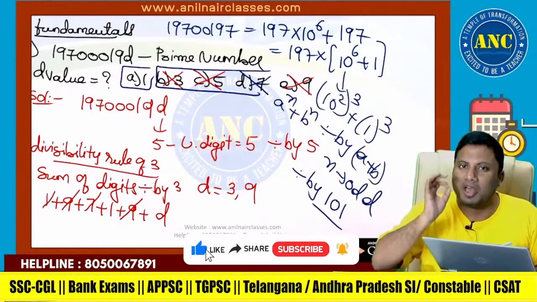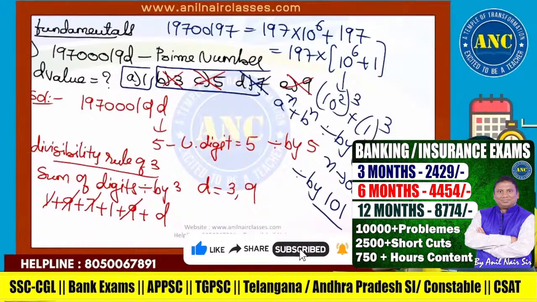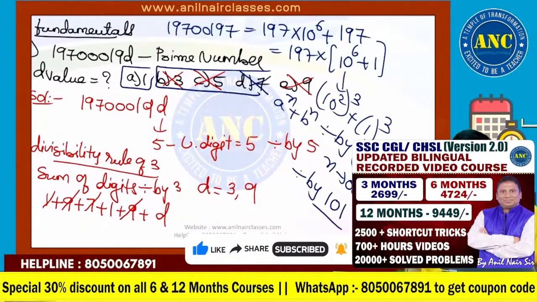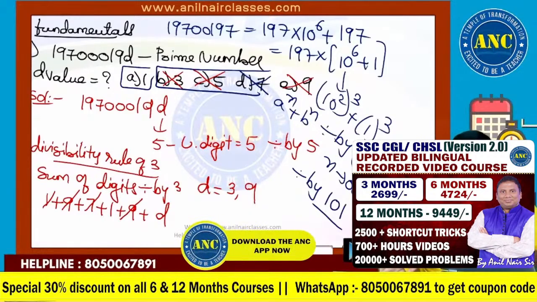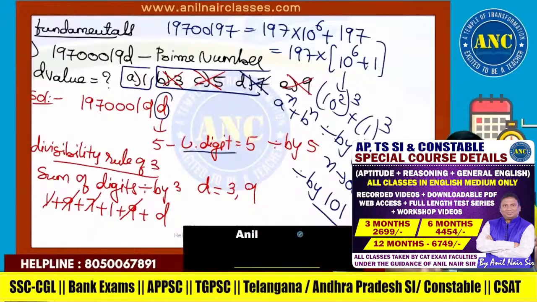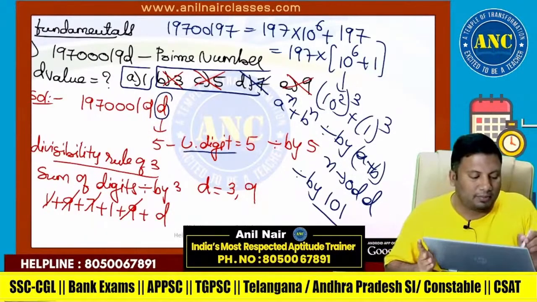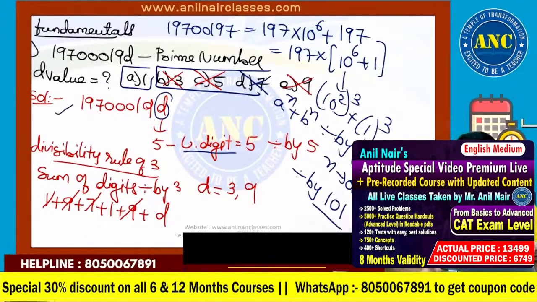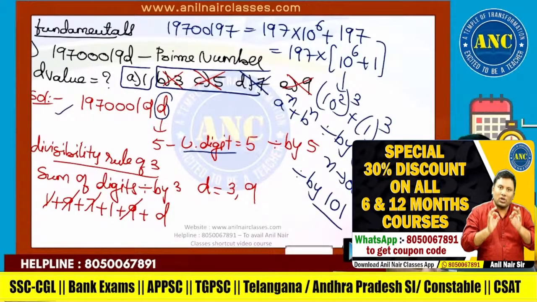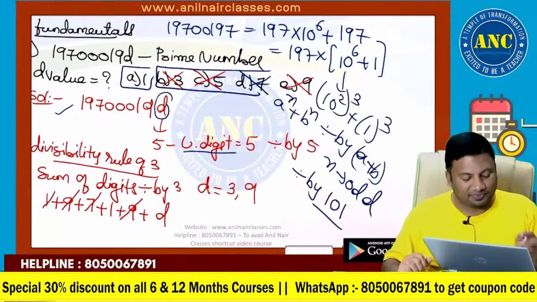Very good problem. Fundamental problem, but a very logical problem where divisibility rules are also used. 2 divisibility rules I am using. If D is 5, if the unit digit is 5, the number is divisible by 5. First logic. Sum of the digits: 9, 9 out, 7 plus 1 plus 1, 9, 9 plus D. 9 plus D should be divisible by 3.